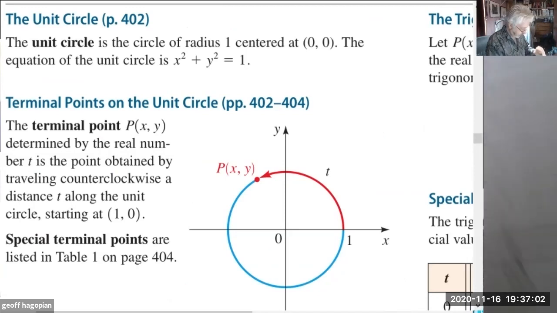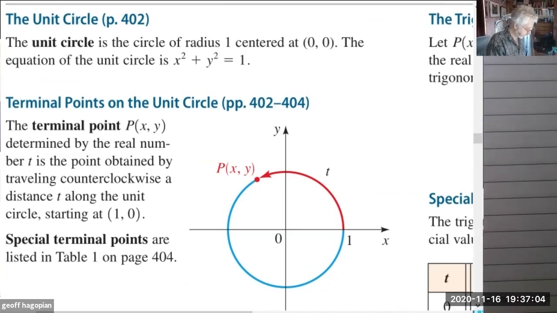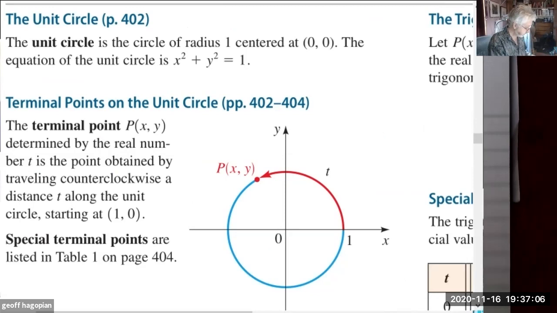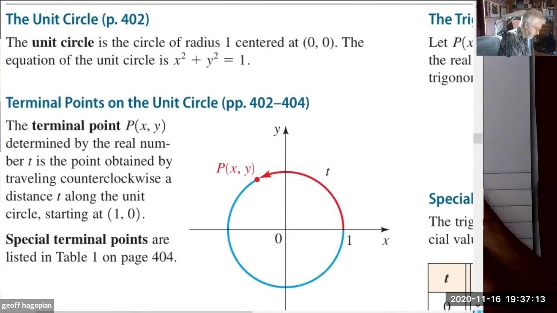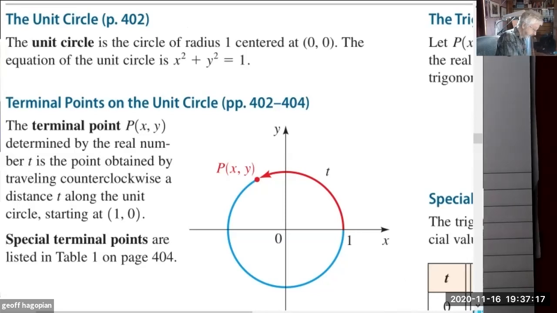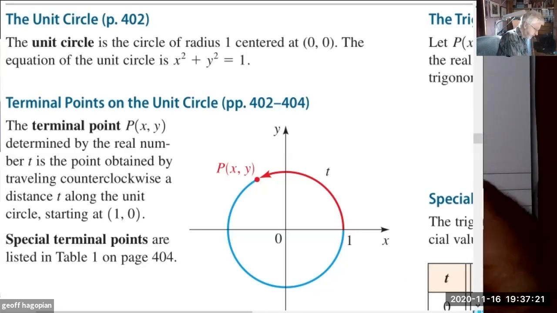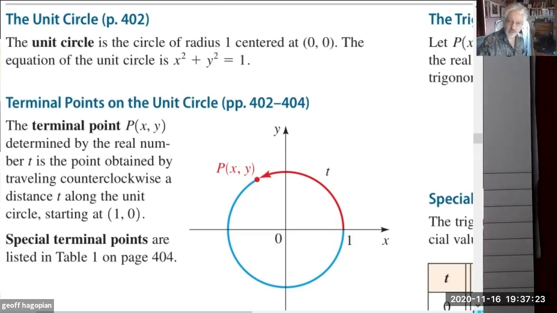In the review, we want to make sure we understand what a terminal point is. So chapter 5, concepts. The unit circle is a central concept.